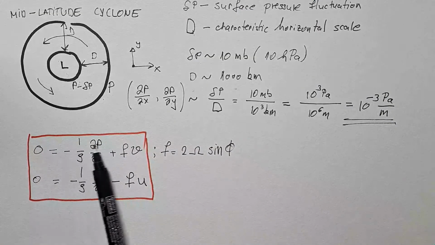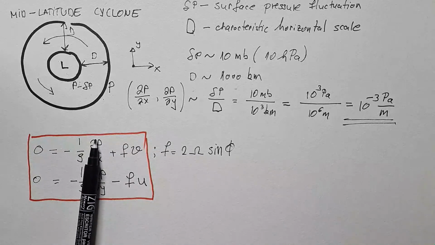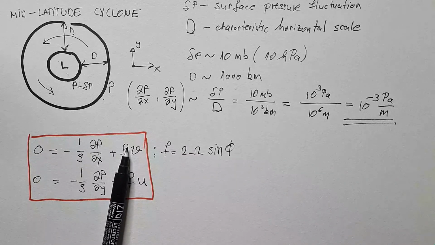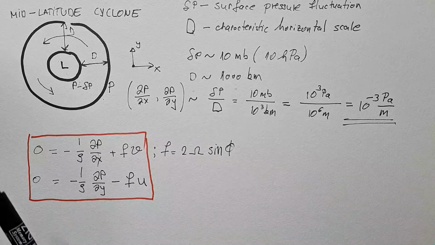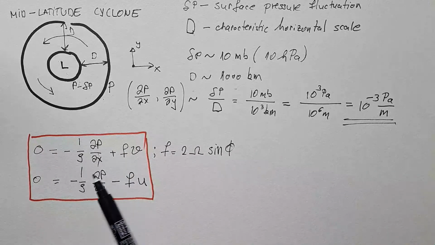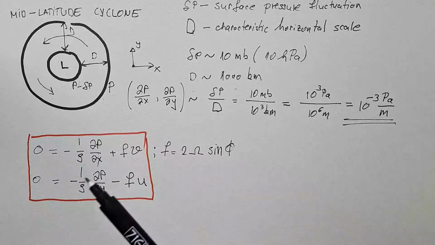Now keep in mind that this geostrophic balance is a diagnostic relationship. It gives approximate relationship between pressure field and horizontal velocity in large-scale extratropical systems. There is no time dependency in these equations, so we cannot use them to analyze how the system will evolve.